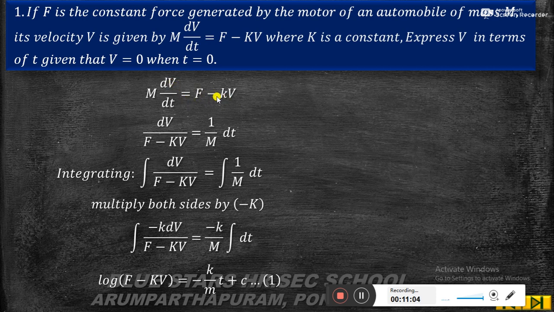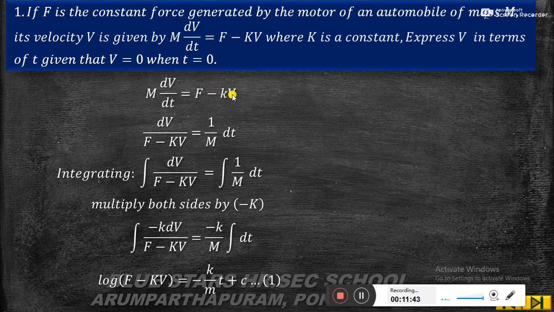The v terms go with dv, so I do the cross multiplication: m dv = (F - kv) dt.